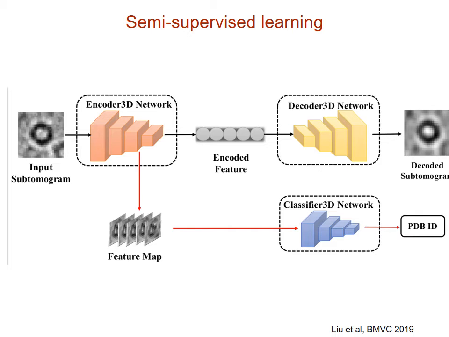Supervised deep learning normally requires a large amount of training data with properly labeled structure classes. However, for cellular tomograms, such data is normally very difficult to obtain. Therefore, it's very important to reduce the amount of annotation needed for such supervised learning.